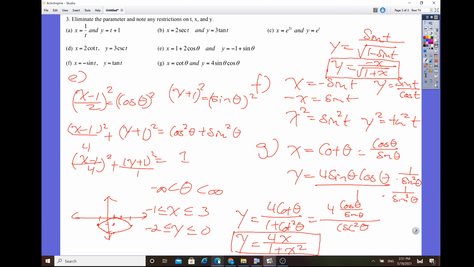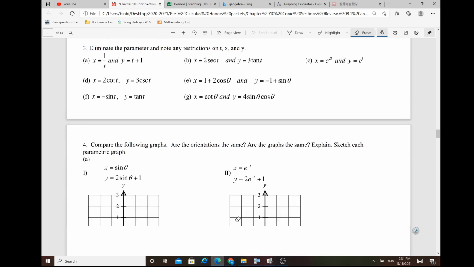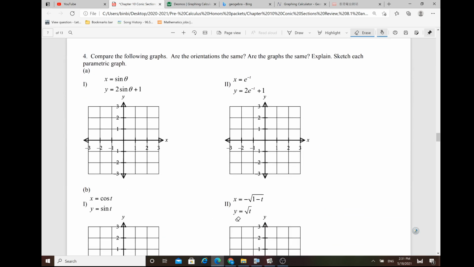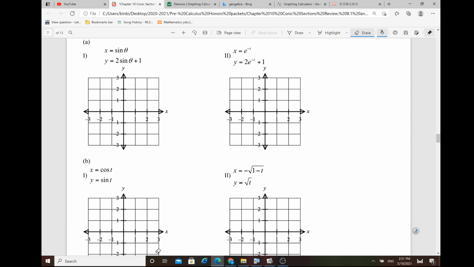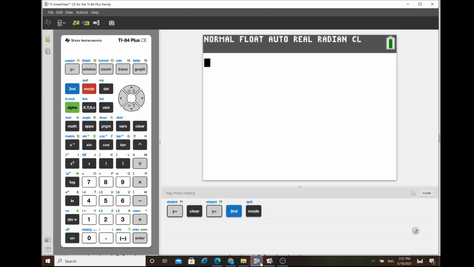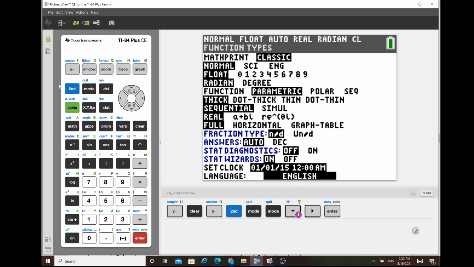Okay, so going back to the template, let's see what else we have right here. This one just shows the graph. You want to explain whether it follows the orientation or not. Anytime you want to check the graph, you can always put it into the calculator. But before you do that, make sure you change the mode from function to parametric, and then you type in the function.